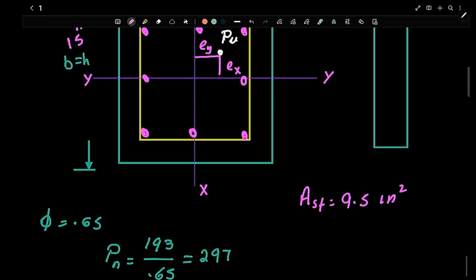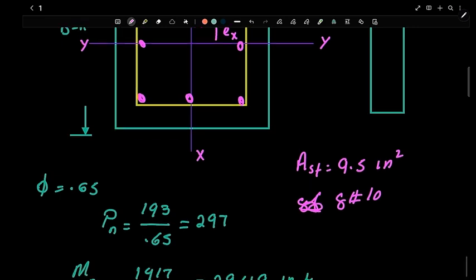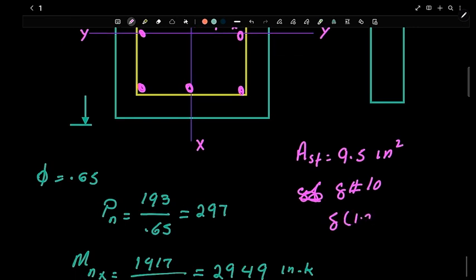So 8 will be if I use 8 number 10 bars, and that becomes 8 times 1.27. I don't know what that number comes out to. Give me a second. You can use that. It might be too heavy.